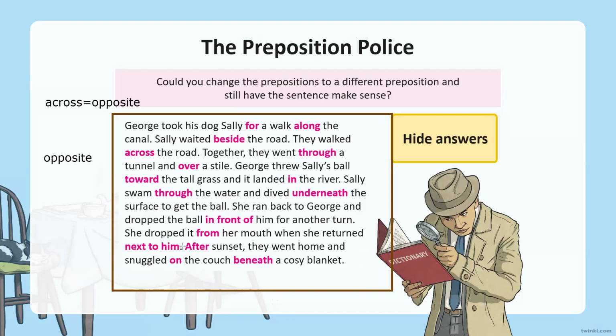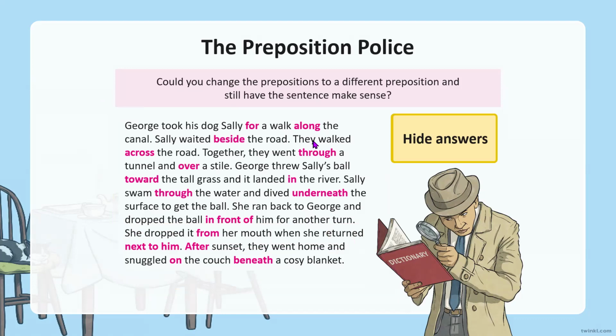We can also say it here, Dolin, like she dropped it from her mouth when she returned beside him. After sunset, they went home and snuggled on the couch below a cozy blanket, like that. Okay, thank you for that, Dolin.